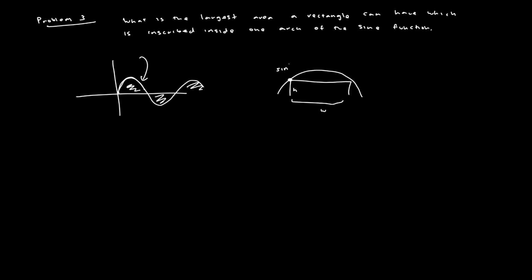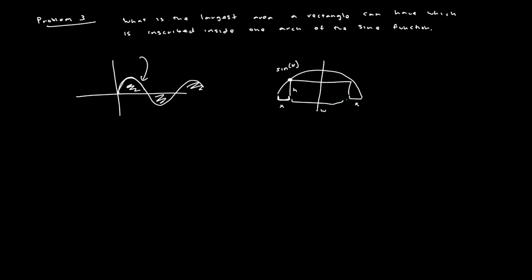So if this length over here before the rectangle starts is x, then the height of the rectangle is going to be sine x. And because the arch is symmetric, if I draw a line through the middle, there's going to be x from over here as well.